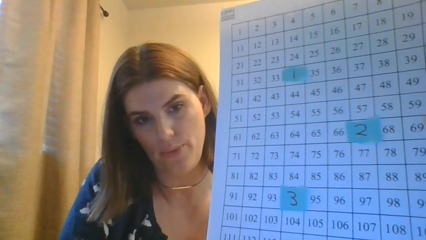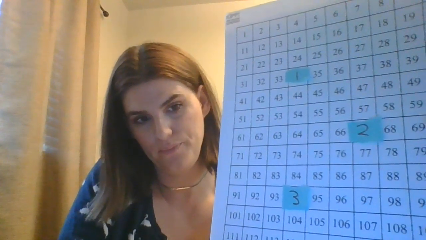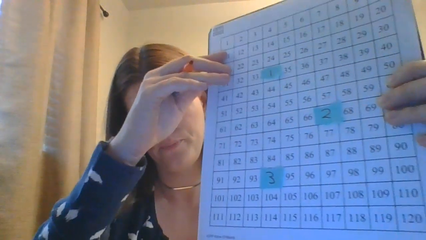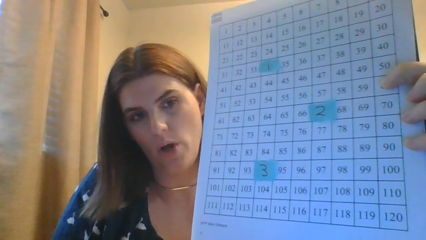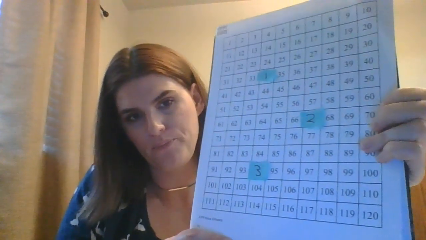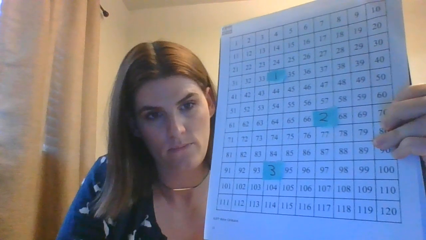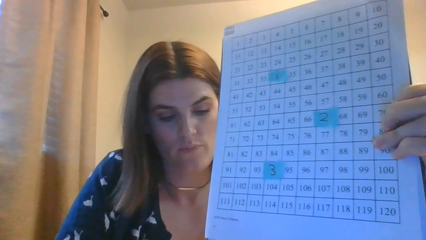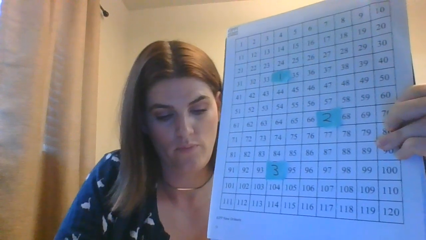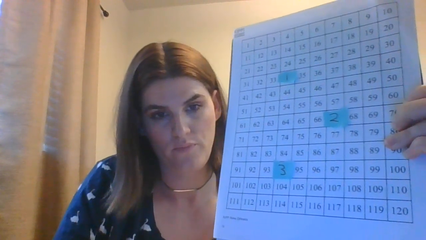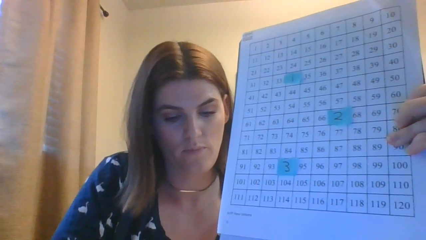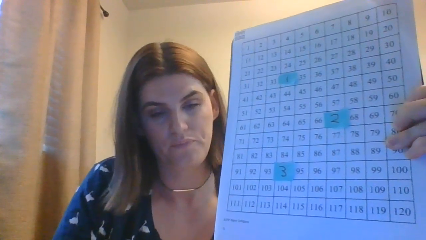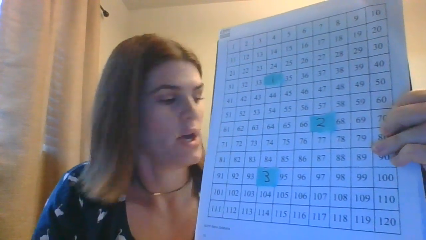What do you think is under number 1, 2, and 3? All right. So the last thing is that we have to figure out how do we know.